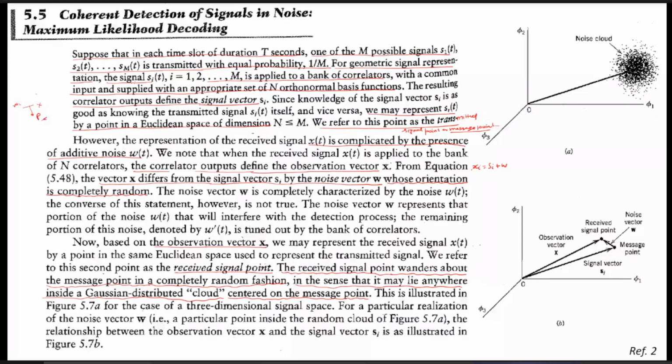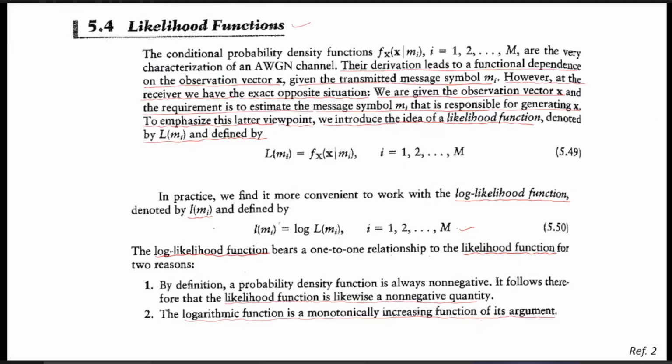First, before that, let us understand the basic concept of the likelihood function. What is the likelihood function? You might be surprised that till now we have defined n correlators. The outputs of these correlators are say X1, X2, and so on up to Xn, and the sample values of these are x1, x2, and so on up to xn.